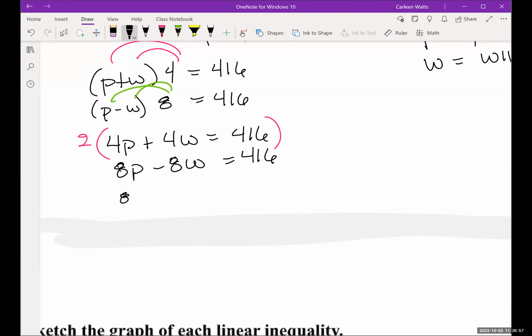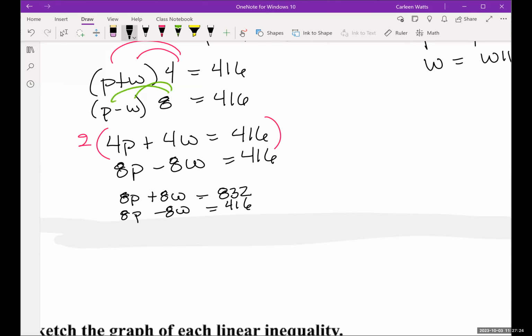And then I'll have a positive 8 and a negative 8 for my W's. Okay, 8P plus 8W equals 832. I don't trust myself. And 8P minus 8W equals 416.